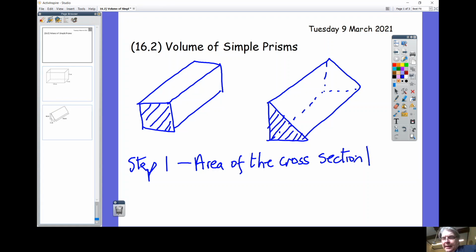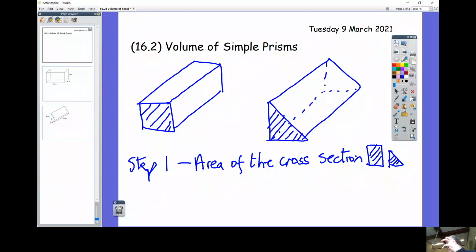It could be a rectangle, it could be a triangle, on other days it could be a circle, not today. And then you just follow the same skills as yesterday. If it's a triangle, remember to halve it. If it's a rectangle or a square, don't.